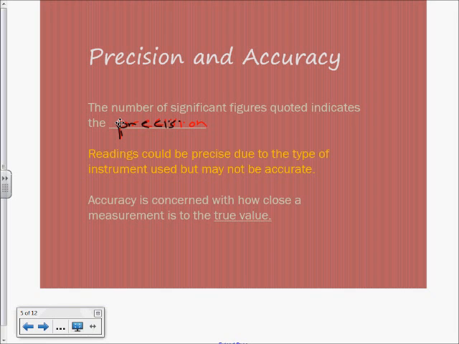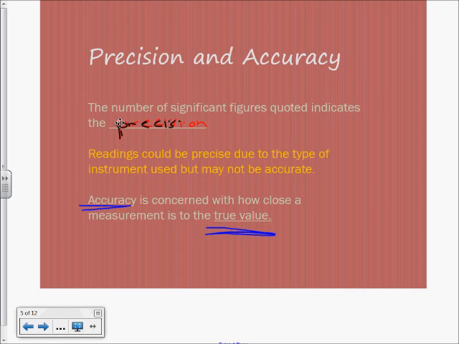So it is possible that readings could be precise due to the type of instrument used, for example, micrometer screw gauge, but not be very accurate. The term accuracy here is concerned with how close a reading, or a measurement, is to the true value.